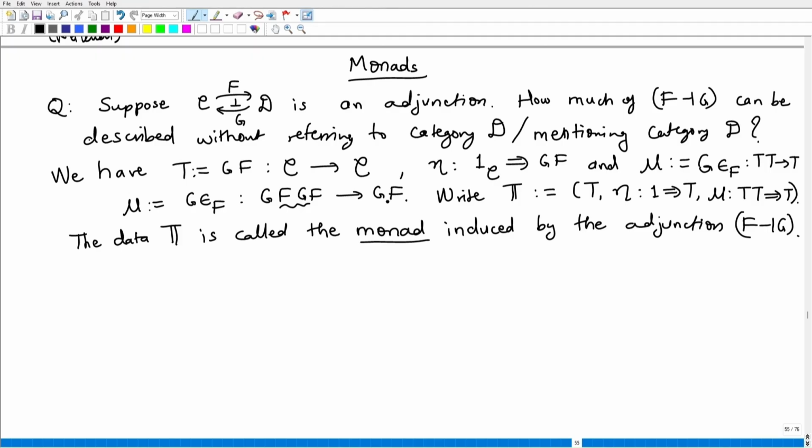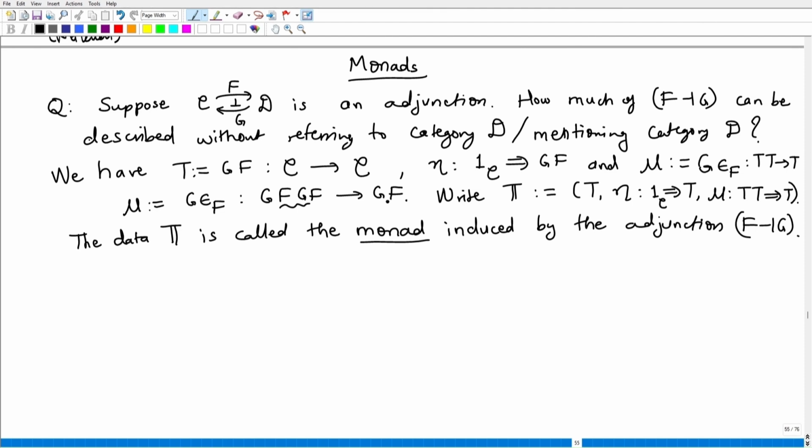But before that, please try to observe what we are talking about. T is a functor from C to C. So if we are looking at the category of endofunctors, the functor category from C to C, then this is just one single object. What is eta doing? Eta is a morphism in that category, but that morphism is from 1.